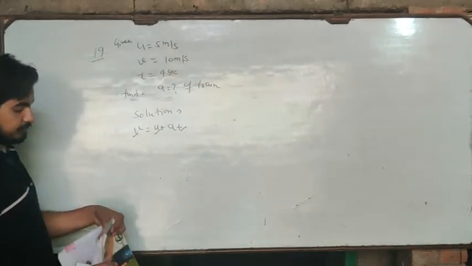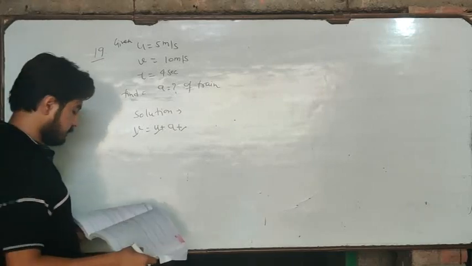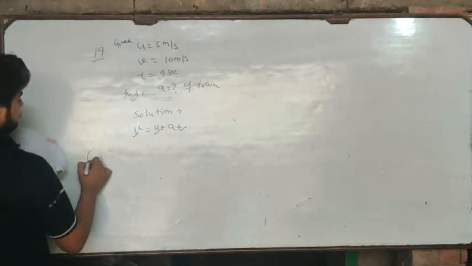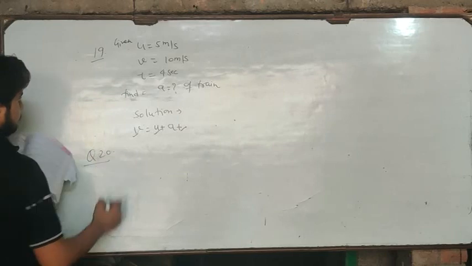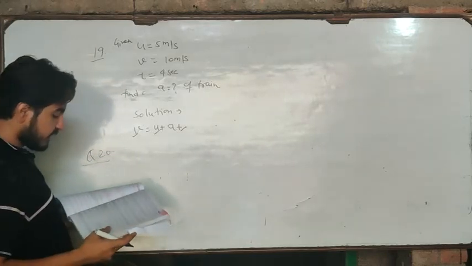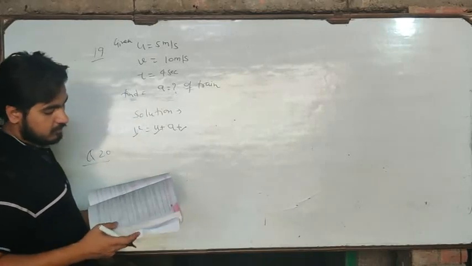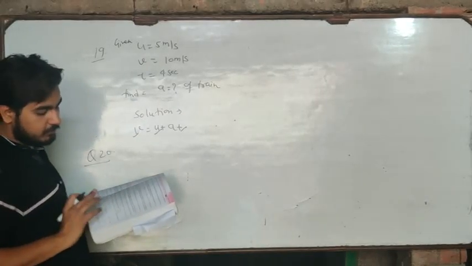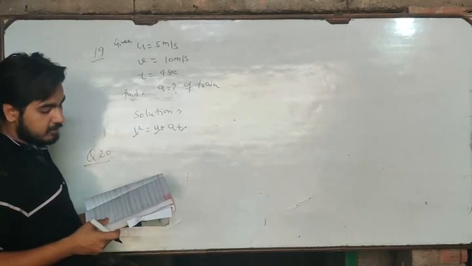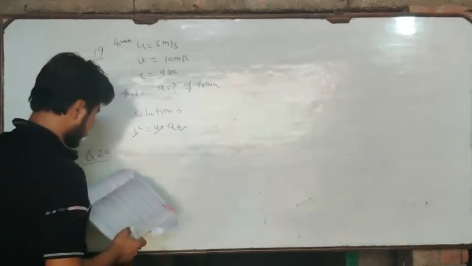Okay. Next question. Question number 20. A car starts from rest and acquired a velocity 54 km per hour in 2 seconds. Find the acceleration, given the motion of the car is uniform.